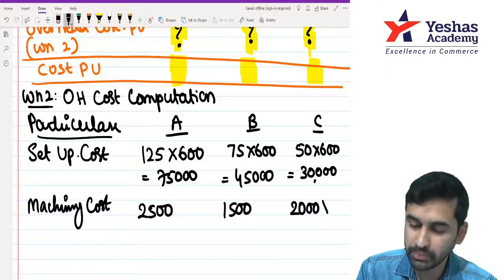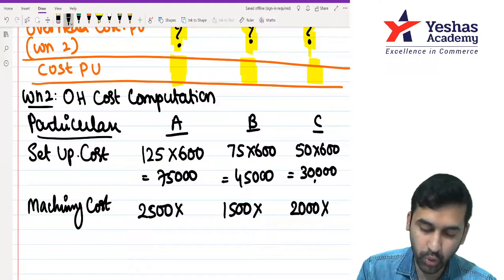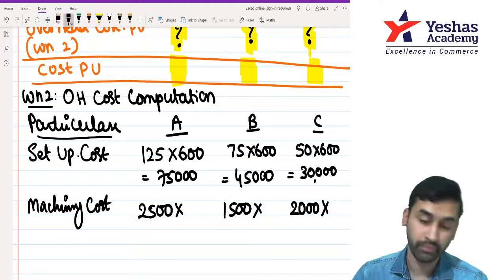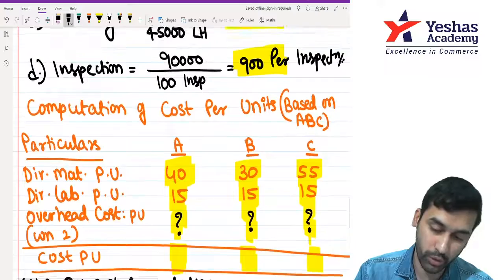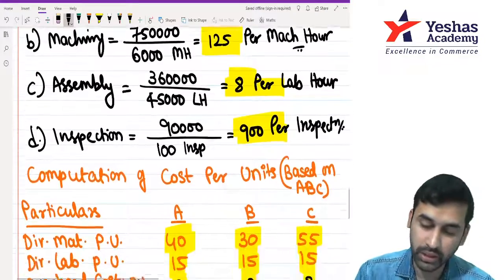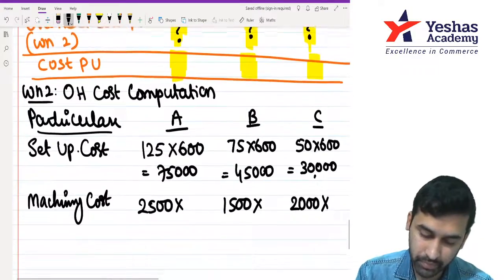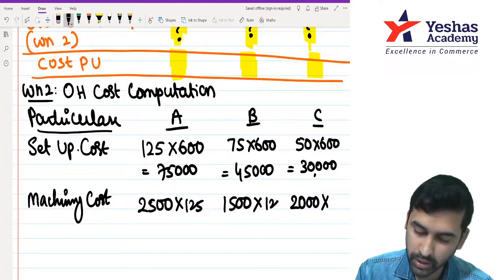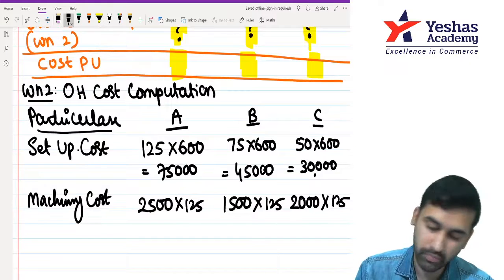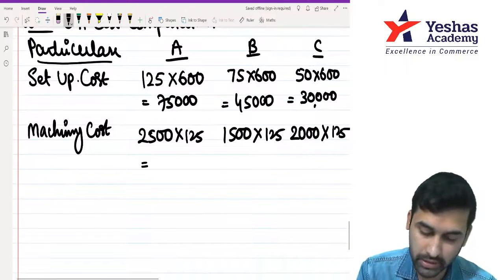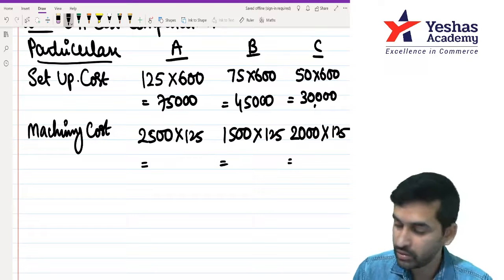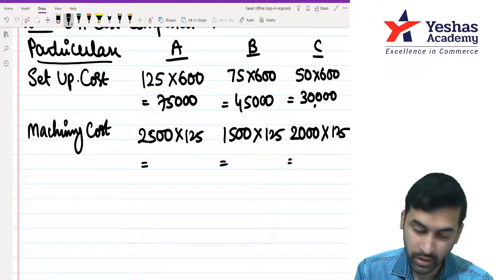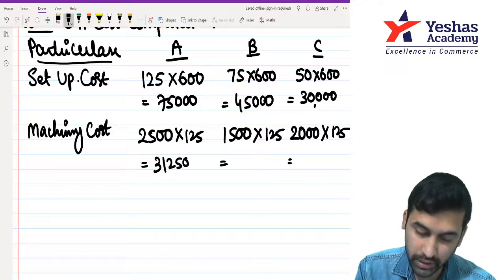This should be multiplied by overhead per machine hour. How much is overhead per machine hour? Go back to your working note 1, 125. Just multiply this. 312,500.